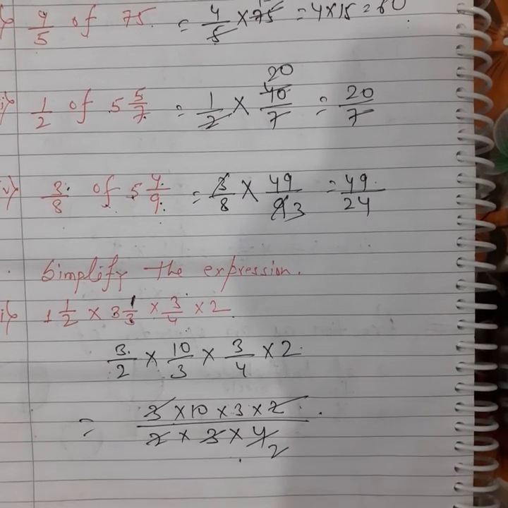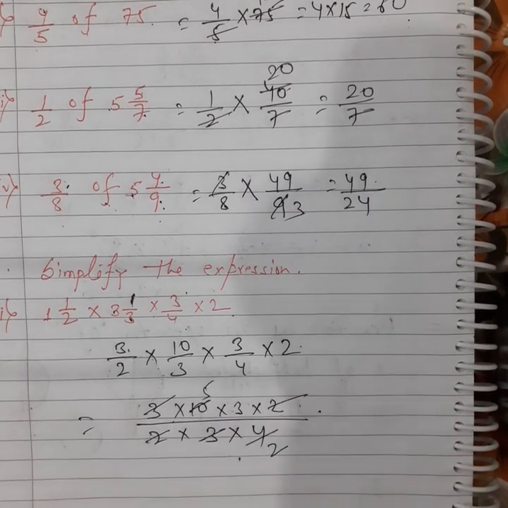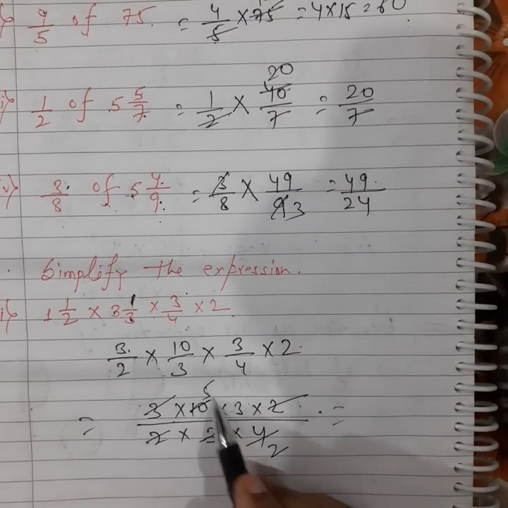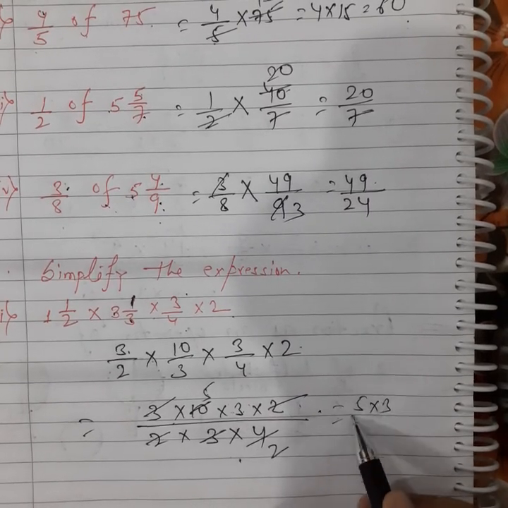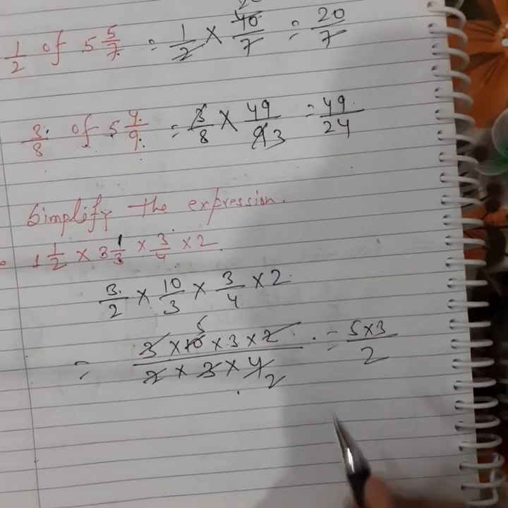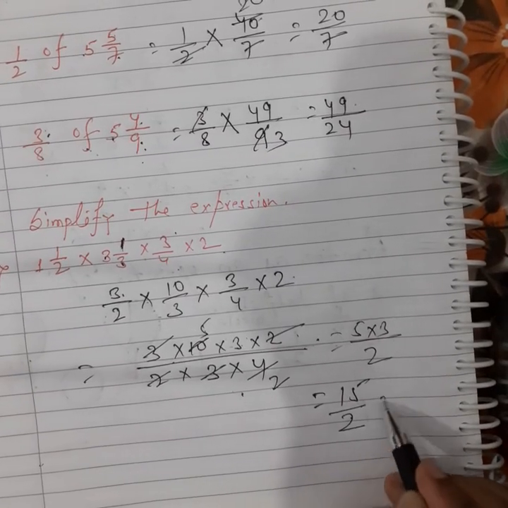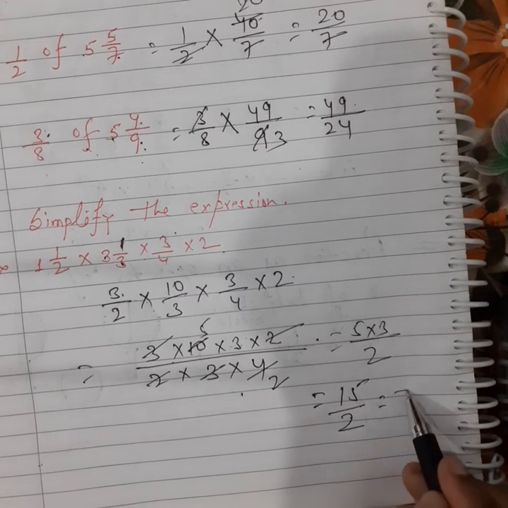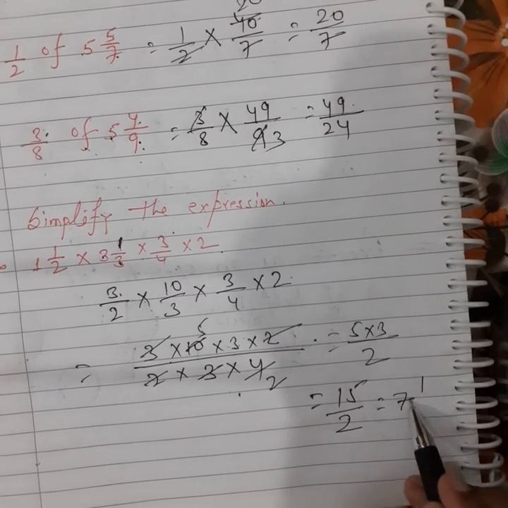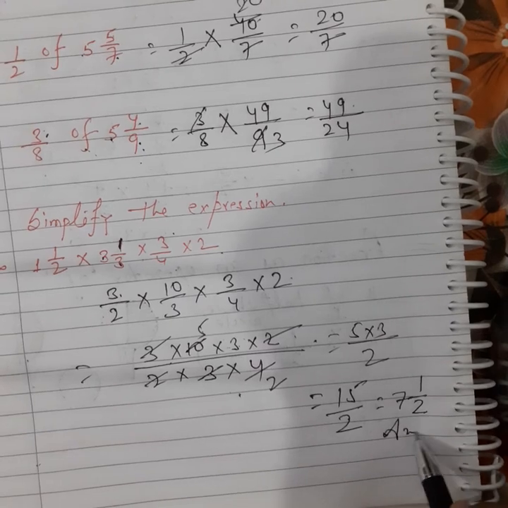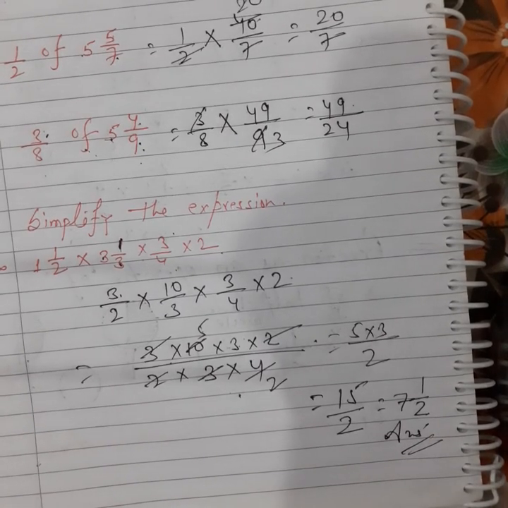Now 2 twos are 4, 2 fives are 10 and you get 5 into 3 by 2 and your final answer is 15 by 2. Now you can convert it into a mixed fraction as well. 7 whole 1 by 2. This is your answer. Okay.